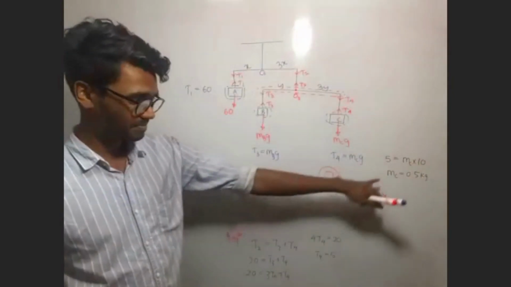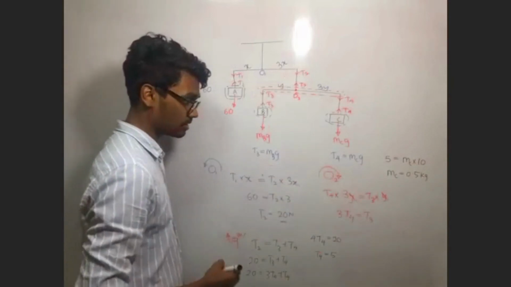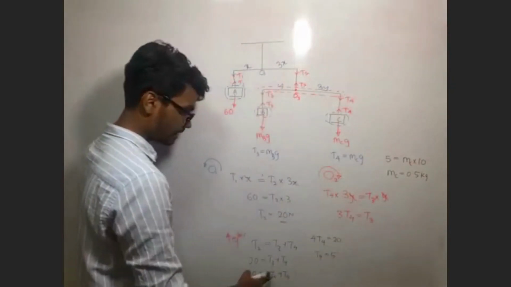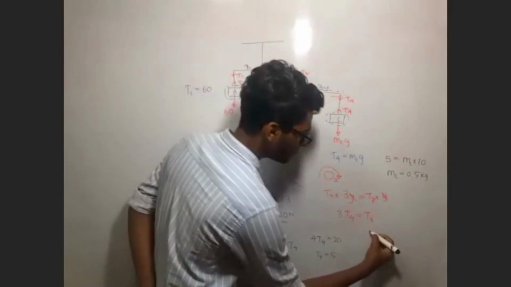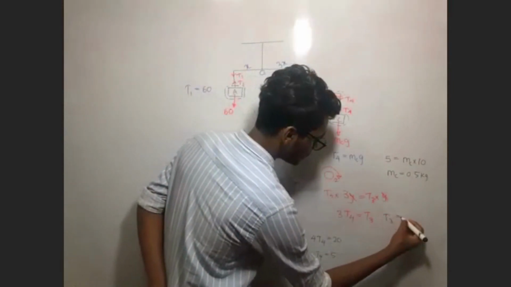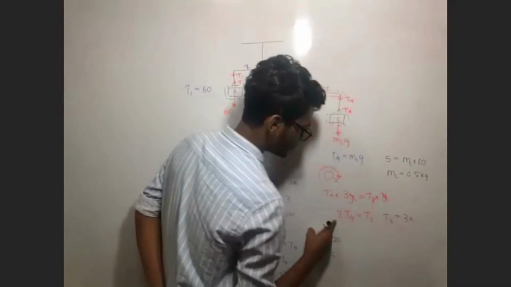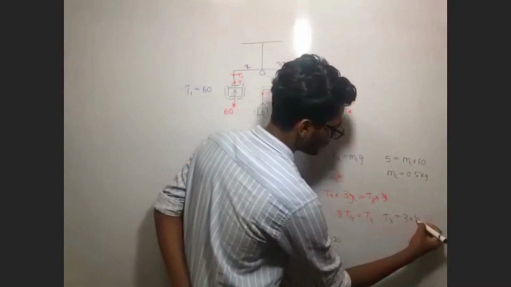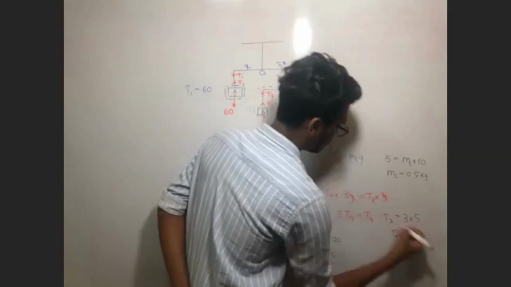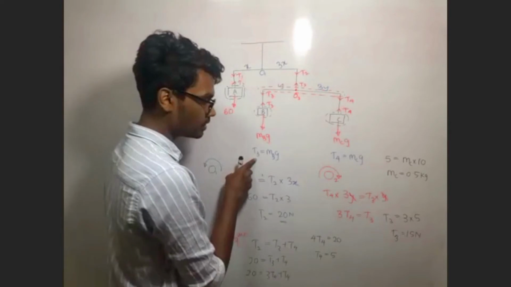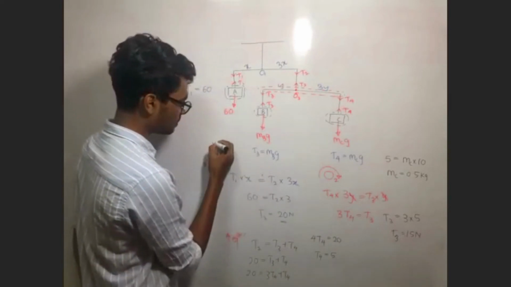If T4 is 5, then T3 is 3 times T4, 3 times 5, 15. So we know T3 is 15.